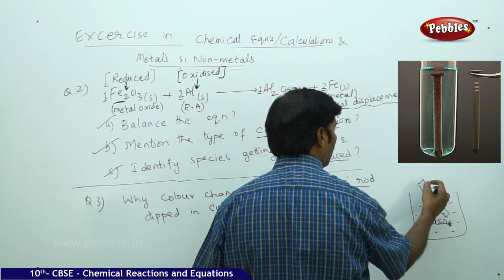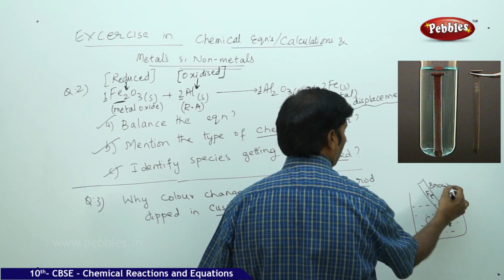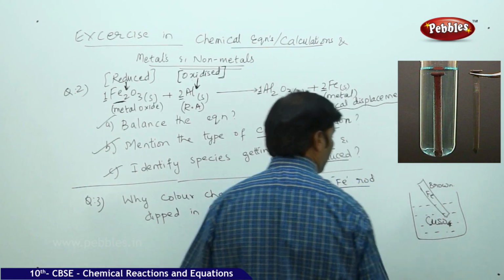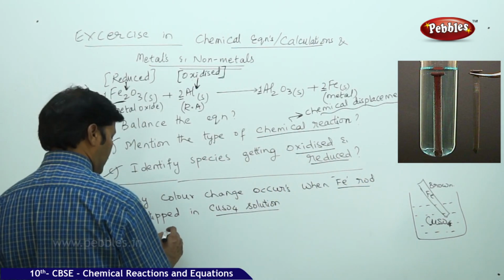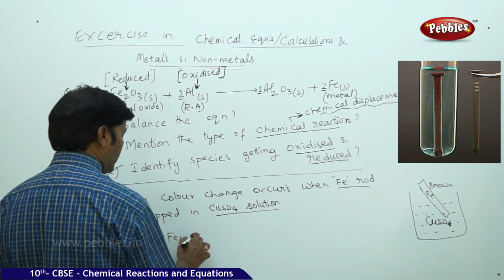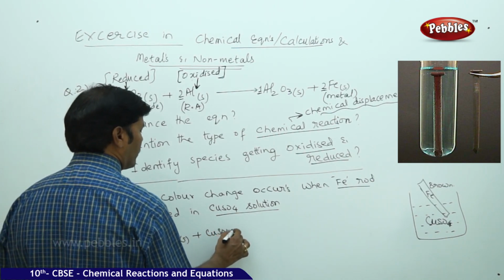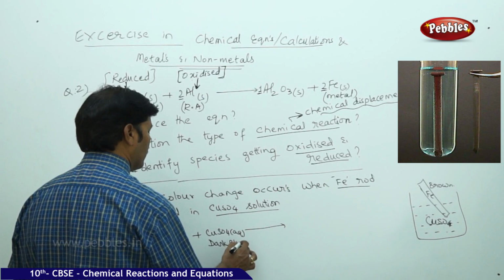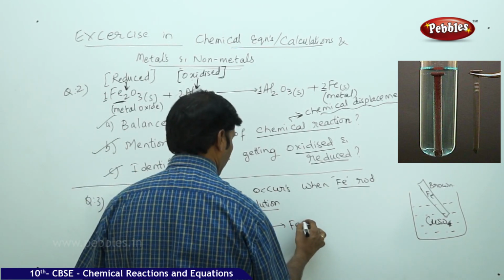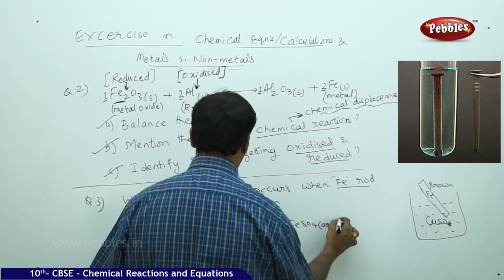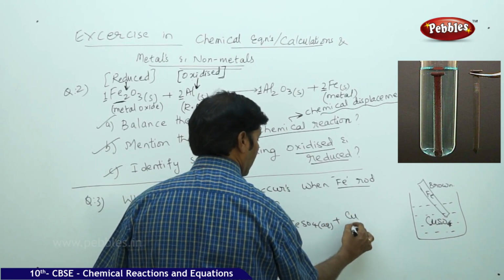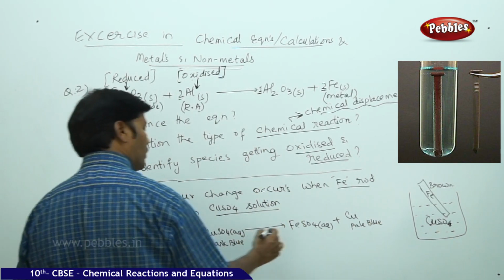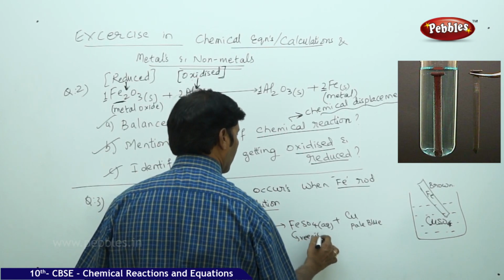This is brown color. Here what is happening is once iron is dipped in copper sulphate, the reaction takes place like this: iron solid plus copper sulphate aqueous, this is dark blue, it becomes ferrous sulphate aqueous plus copper, pale blue, and this is going to become greenish brown.